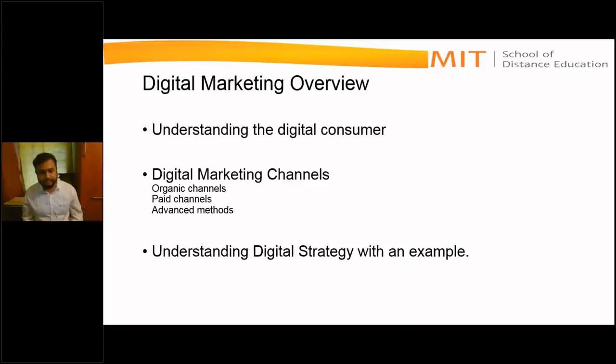And the advanced methods are remarketing and retargeting the customers that did not get converted to your brand in the initial paid channel phase. You retarget them with the same communication, and you try to nudge them to purchase.